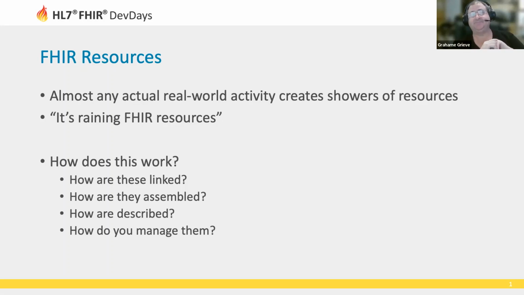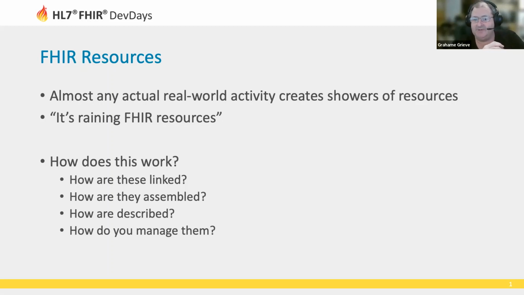And there you go. Okay, so almost any actual real world activity generates showers of resources. Just lots of them. Like if a clinician sees a patient, they're doing a ward round, or a patient walks into their consultation room, it's not going to be one resource that's produced. It's going to be a series. It's basically going to rain FHIR resources everywhere. Well, how does that work? How are they linked? How are they assembled?